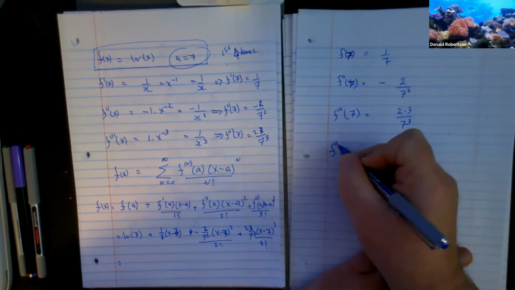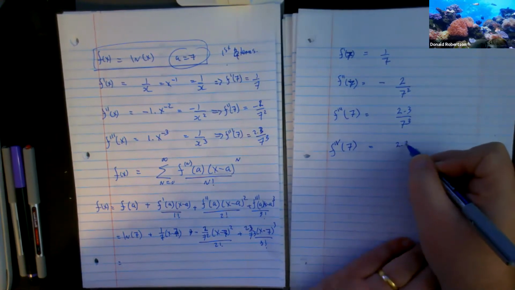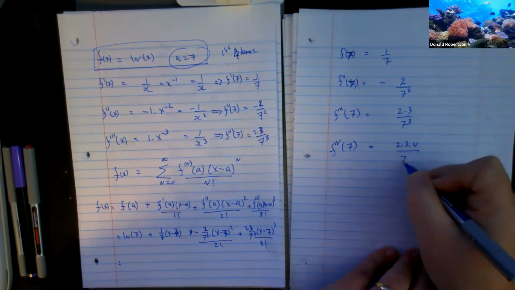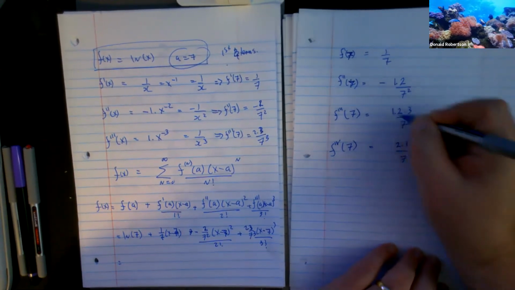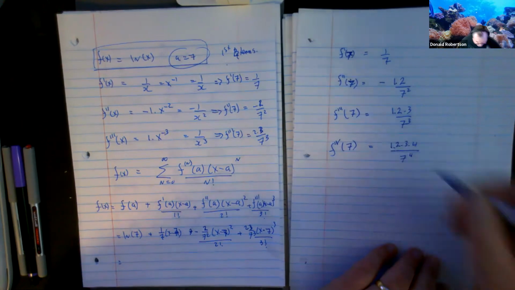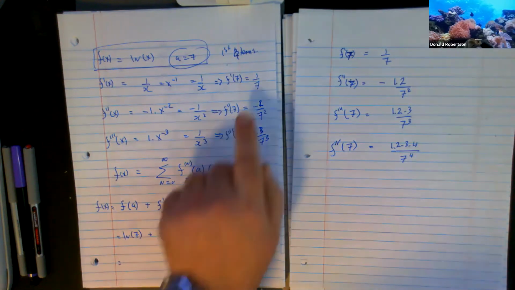If you went and found the fourth derivative at 7, it would be 2 times 3 times 4 over 7 to the 4. I'm now going to add in a 1. I don't agree with your second derivative, and I'm not sure if I'm just not seeing it. Okay, let's see.